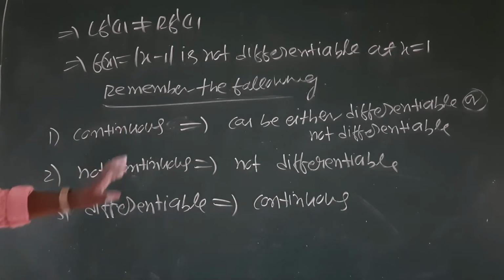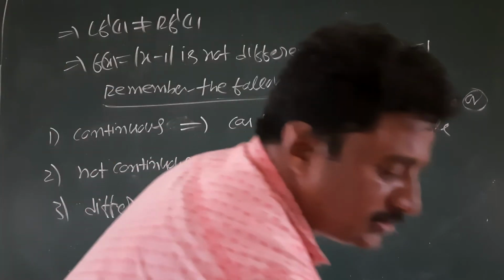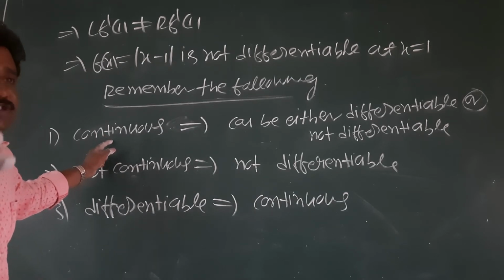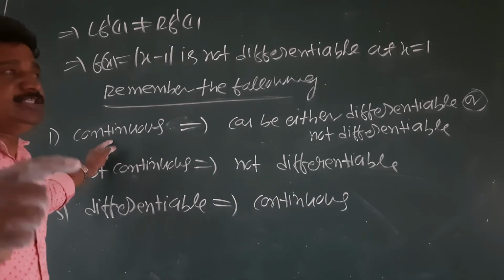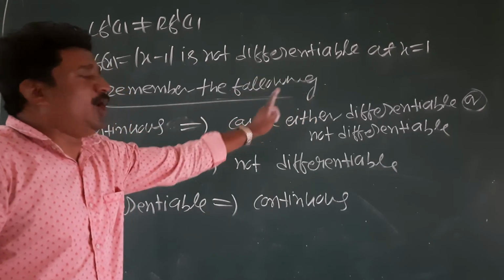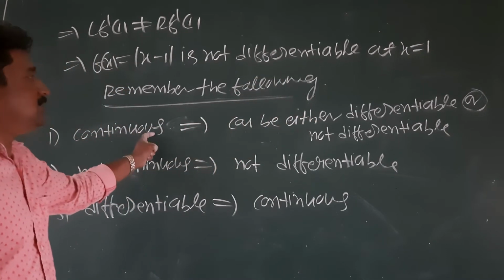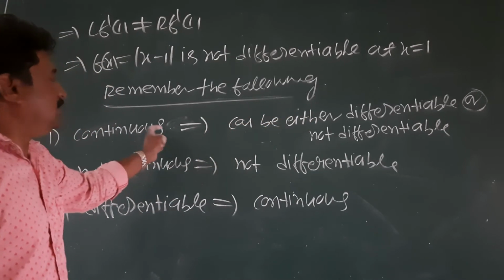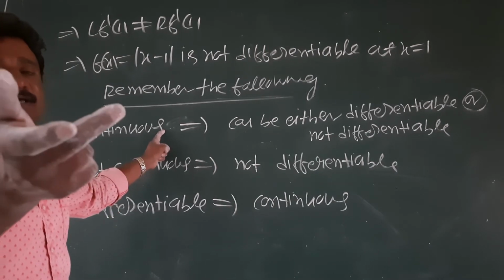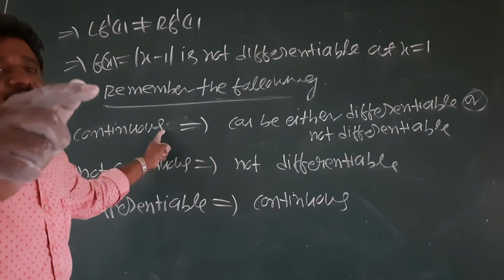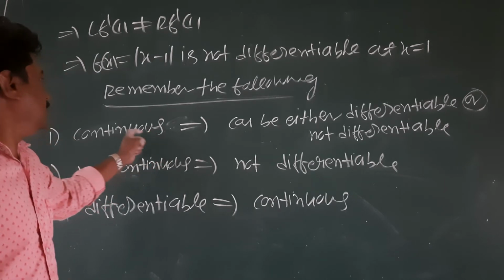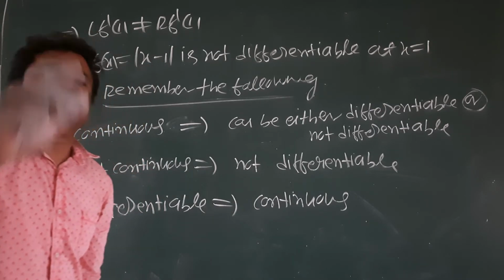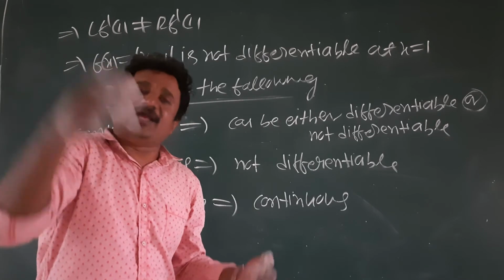Look at these points, students. These points are useful for your future. If a function is continuous, that continuous function can be either differentiable or not differentiable. Just before, I explained using an example: mod x is continuous but it is not differentiable. If a function is continuous, then differentiating that function may or may not be possible.